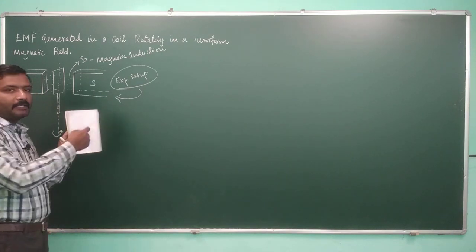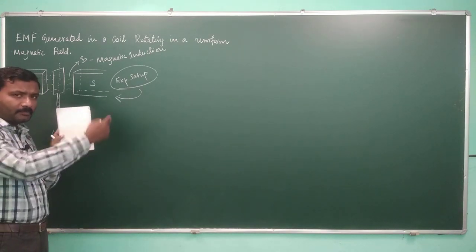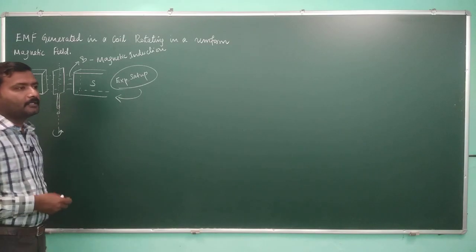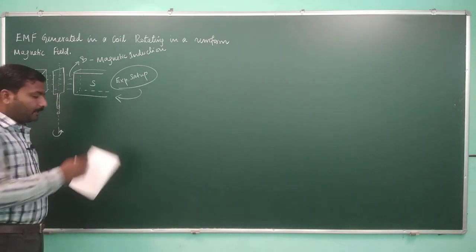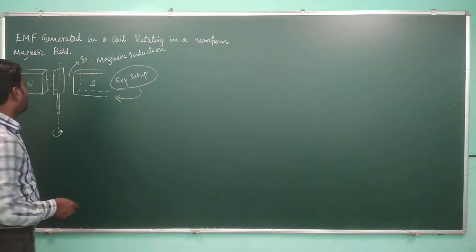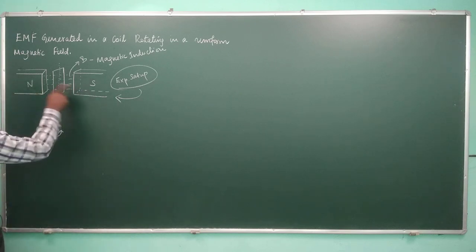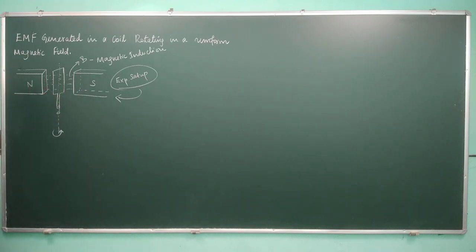The normal of the plane of the rectangular coil, which is not carrying current, lies parallel to the direction of the magnetic field. This is the situation.